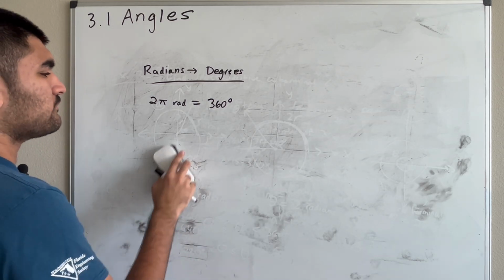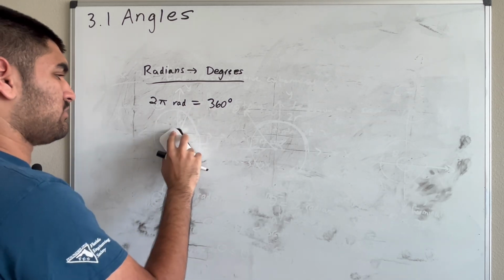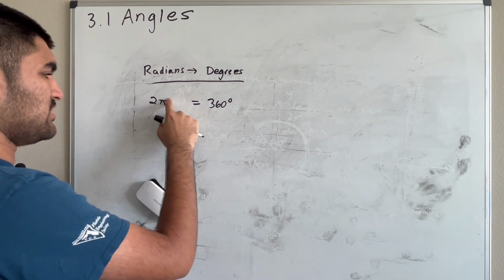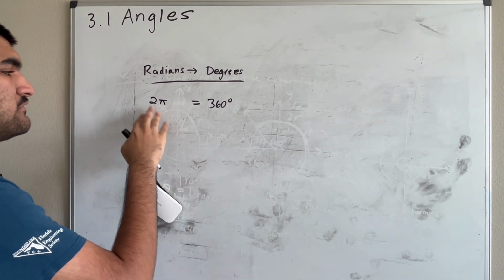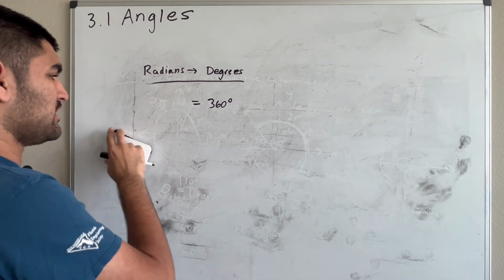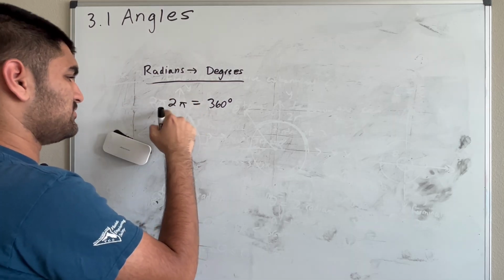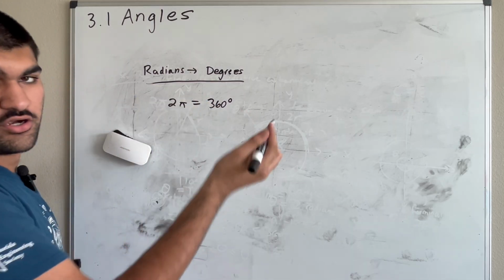And also for radians, you don't need to have any units. So if I got rid of this and there's no degree symbol, then it's defaulted to radians. So we could just say that 2 pi is equal to 360. This means that 2 pi radians is equal to 360 degrees.